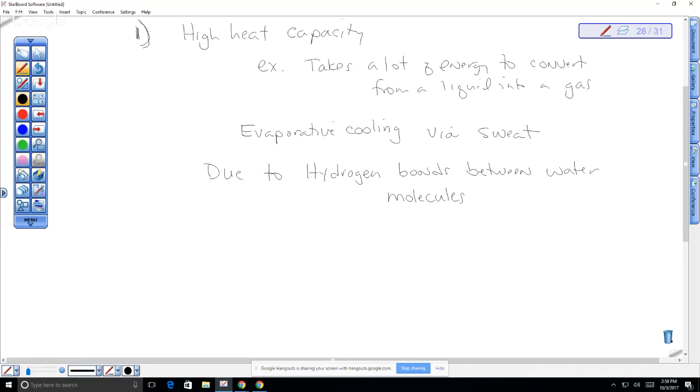So remember that those hydrogen bonds are not the covalent bonds that we see here, right? But they're the dotted lines, right? So in order for water to go from a liquid to a gas, you have to break all these dotted bonds. These are the weak bonds. They're due to the attraction between oppositely charged polar molecules, right? But we have to break them all to get them to go into gas.